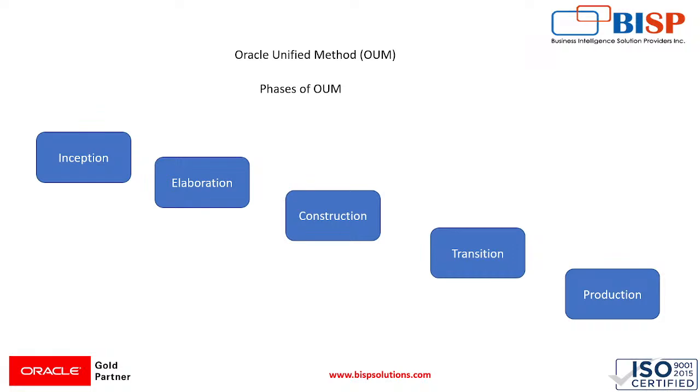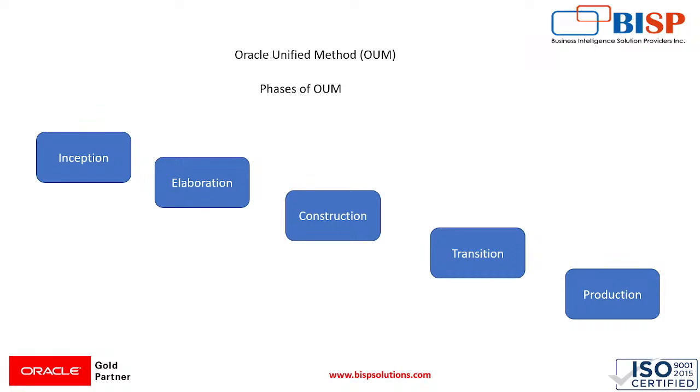Now after defining the requirements and setting up the whole project structure, we move on to the third step, which is construction. Here construction comes into the picture, and we have to configure and build the system.